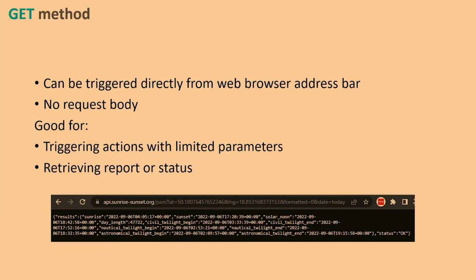Here I have a small example of that. That's a publicly available web service, which is used to get information about the sunrise and sunset times or the length of the day. In this example, it is called with a set of parameters, which are the position on the planet and also the date that is set to be today.